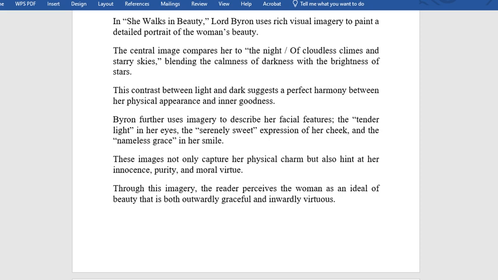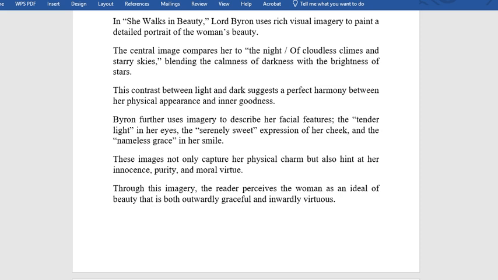Byron further uses imagery to describe our facial features: the tender light in her eyes, the serenely sweet expression of her cheek, and the nameless grace in her smile. These have been quoted from the poem. That is, tender light, serenely sweet, nameless grace in her smile.